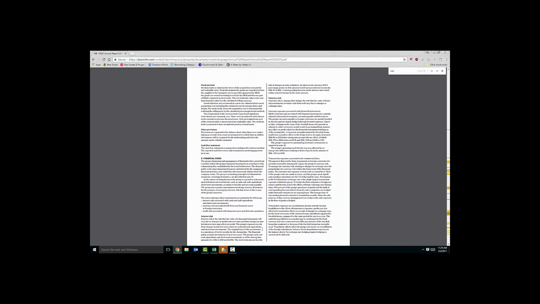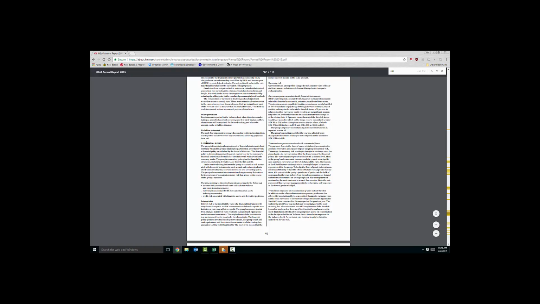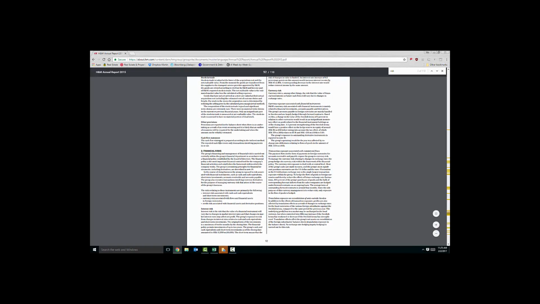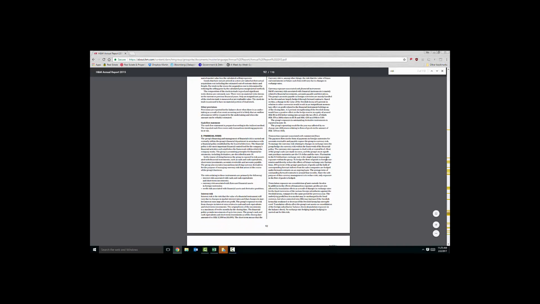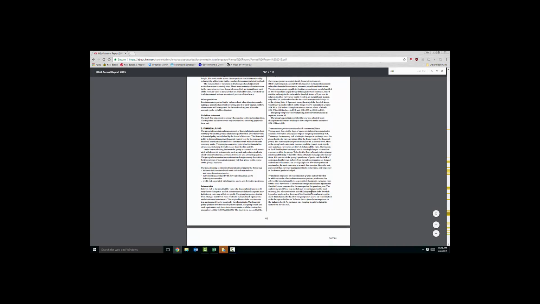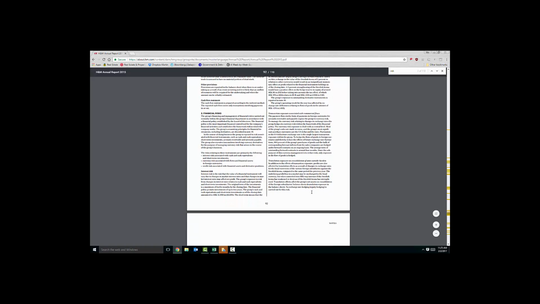If I go down to 92, we have note number 2, and it's called financial risks. These are the risks from a financial point of view that need to be disclosed according to the accounting standards, and that's why you find them in two sections of the annual report. Here we see interest risk and currency risks, but there's a whole lot more information. So if you wanted to get more information about financial risks, it's probably better to find it here.